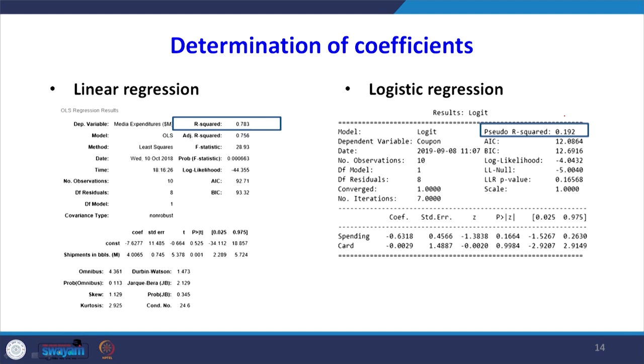And as I told you in the previous class, here there is a LL null. When there is no independent variable, the corresponding likelihood value is this much. This is the null model, the base model. So, this is our model likelihood. We have to find the difference of these to get the R square.